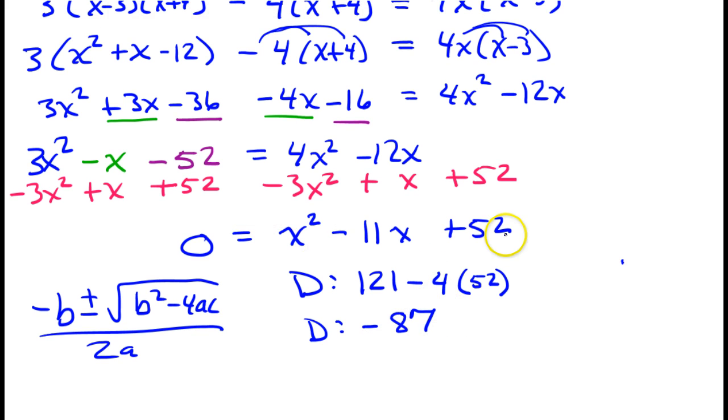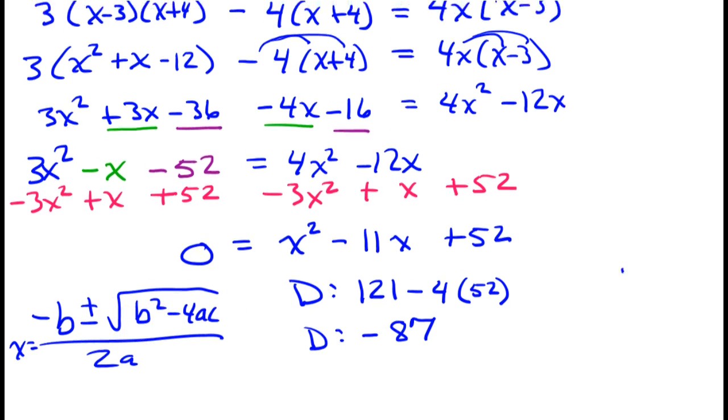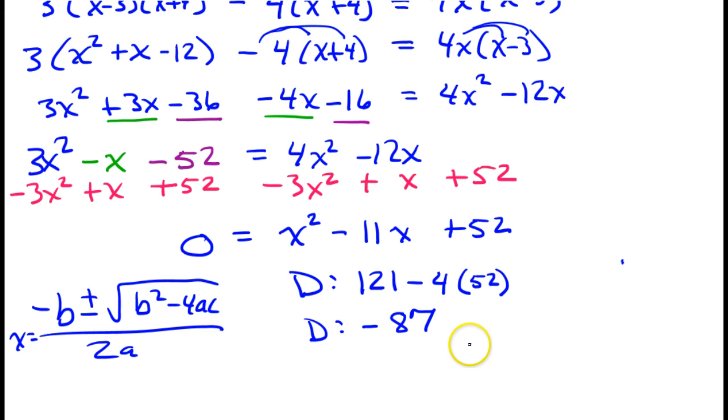Alright, which also means this would have been unfactorable. So I don't need to go any further because I was trying to solve for x, and if I put a negative 87 under the radical, that's imaginary, and that's not the type of thing you can graph on a number line like this. So basically we will stop with this. Okay, imaginary.